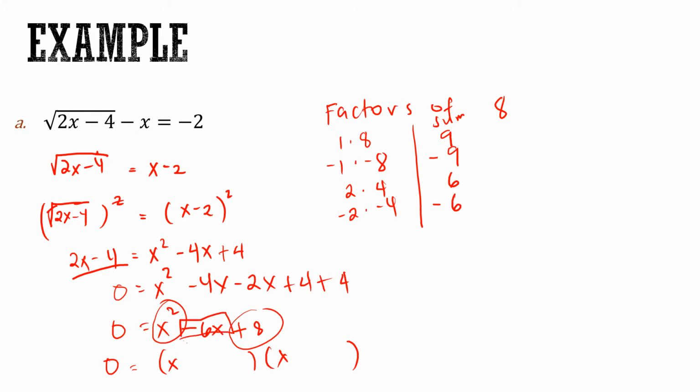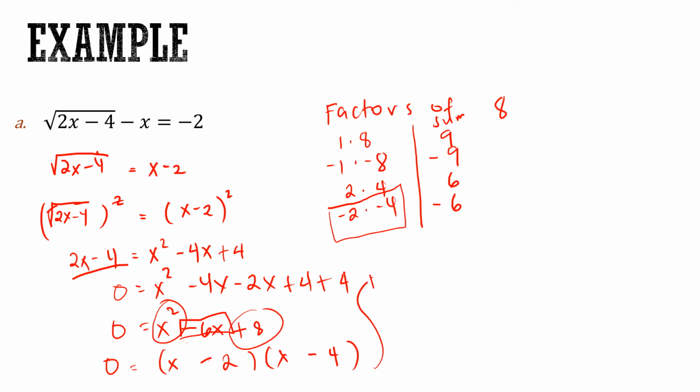So the middle term is negative 6x. So the numerical coefficient of x is negative 6. So we will be looking at which sum of the factors of 8 has a sum of negative 6. So obviously, the factors of 8 with the sum of negative 6 are negative 2 and negative 4. So we'll be using negative 2 and negative 4 as the factors.